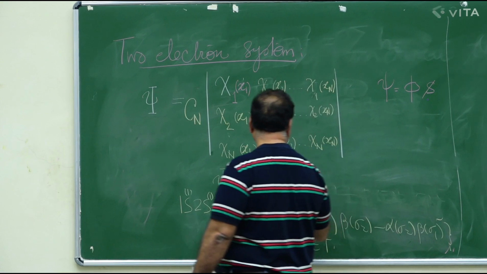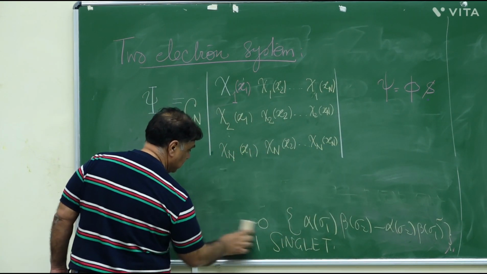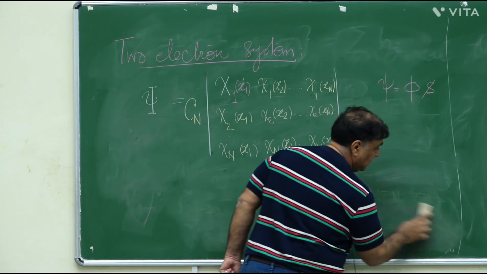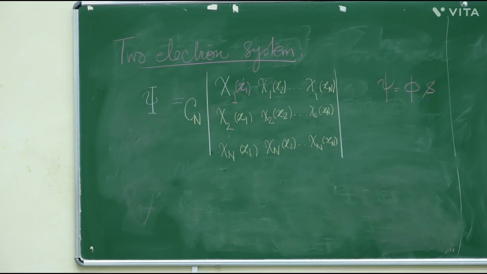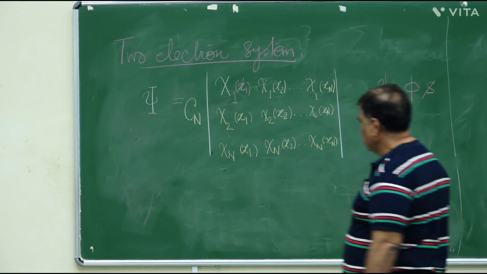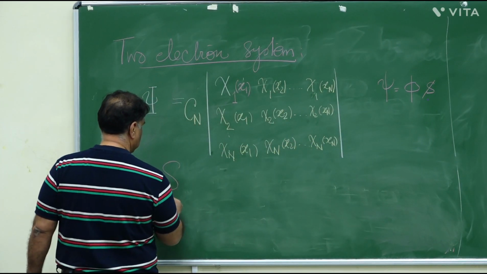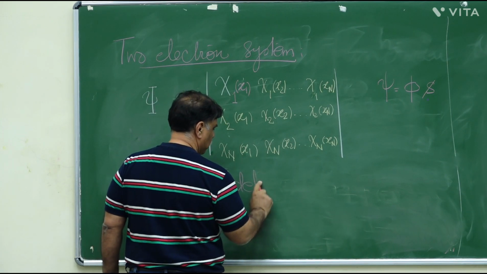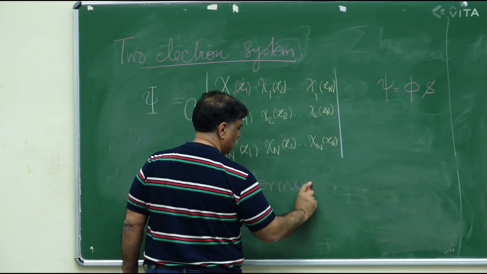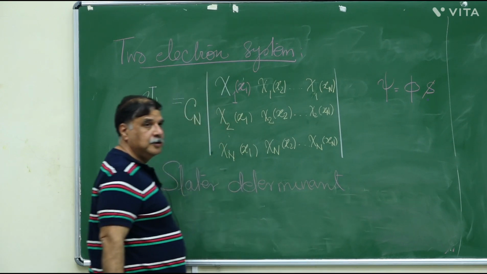By the way, all that I'm doing, I'm going to be leaving some steps, or maybe I'll forget some steps, but they will be covered in your assignment. And I've already given the assignment and emailed the copies to everybody. Now, okay, so this is known as the Slater determinant.